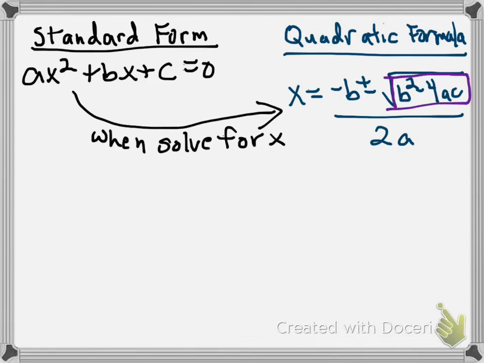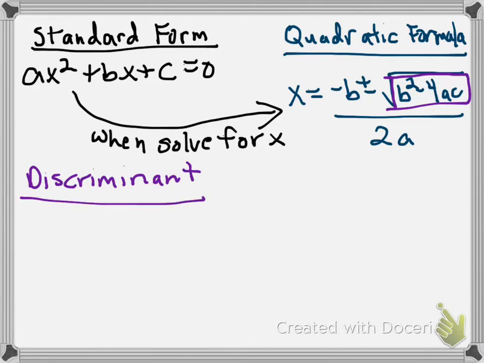Now, I'm going to draw a box around a piece of the quadratic formula, and that's this right here. And this is something we didn't go too in depth with when we were doing this unit, but that b squared minus 4ac is something called a discriminant. And it's very important for the overall nature of the quadratic equation that you might actually be dealing with.